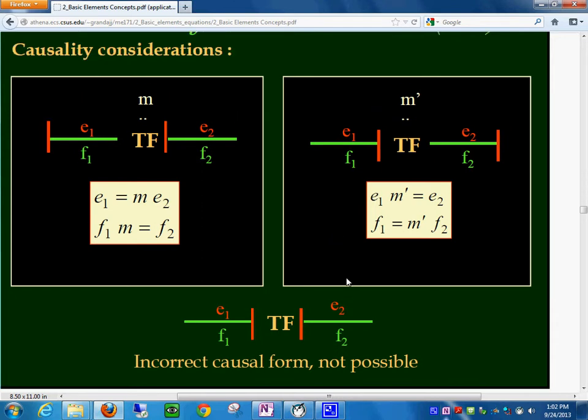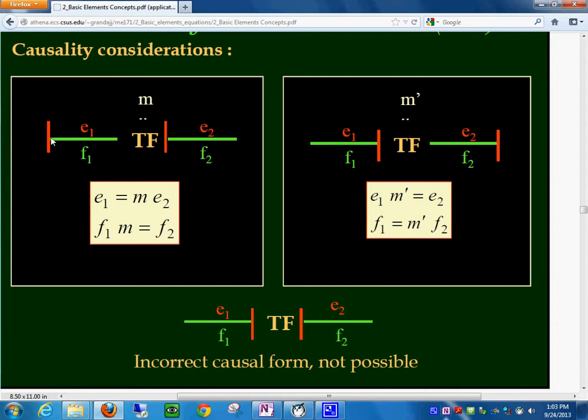So we have the transformer element, and on this one you have it on this side, and then it means this effort times this modulus is this effort. This flow times this is this flow. Same thing, flow times this flow.